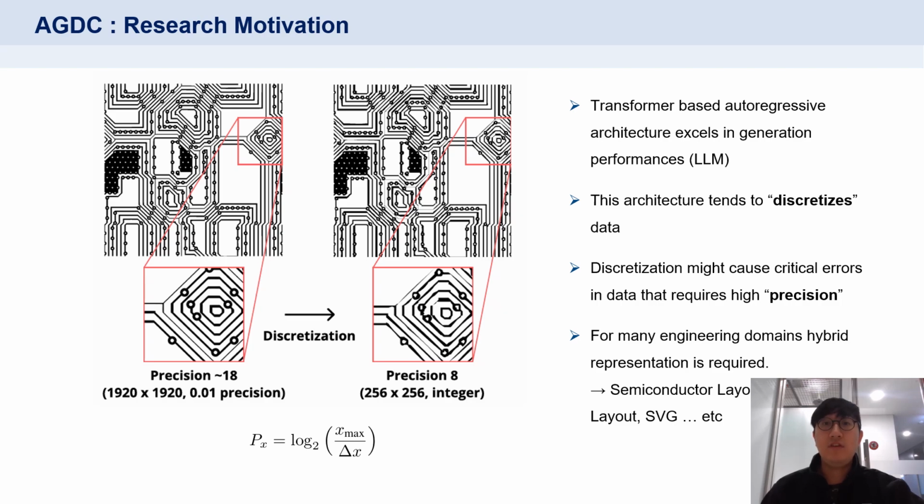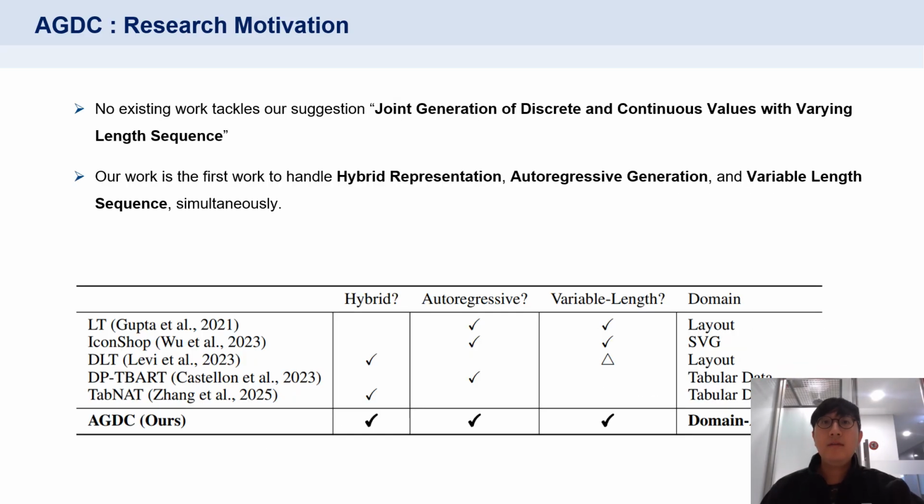Consequently, in many engineering domains, semiconductor circuits, graphic layouts, SVG graphics, etc., we need to work with hybrid representations to preserve high precision by combining discrete elements like component types with continuous values like precise coordinates. This led to my second research question.